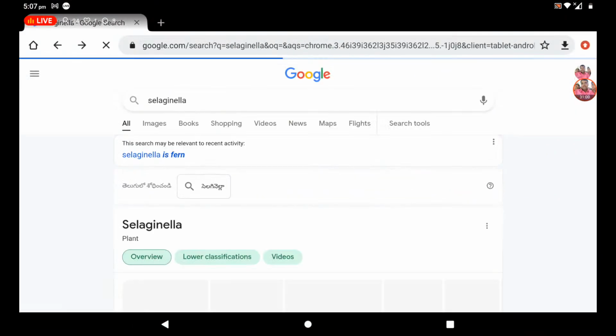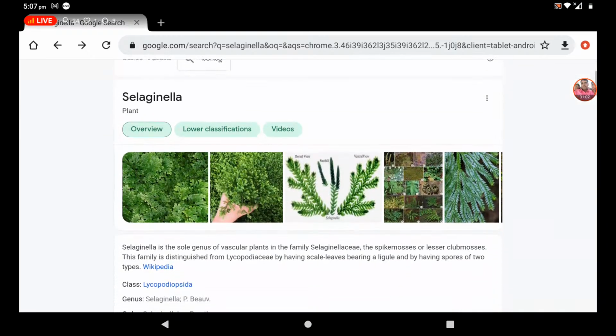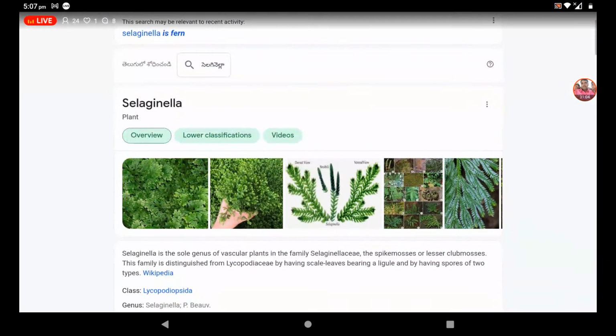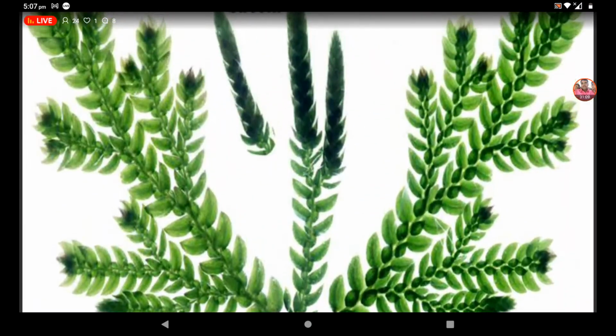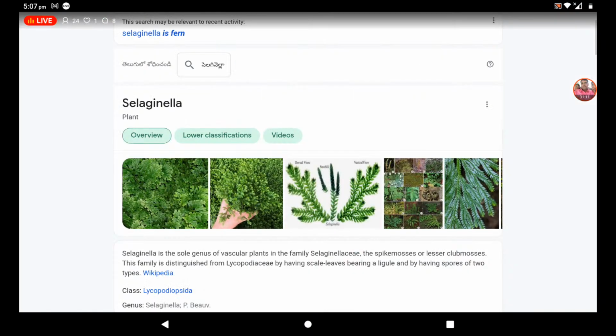If we take the classification of pteridophyta, there are 4 classes identified. The first group is Psilopsida.